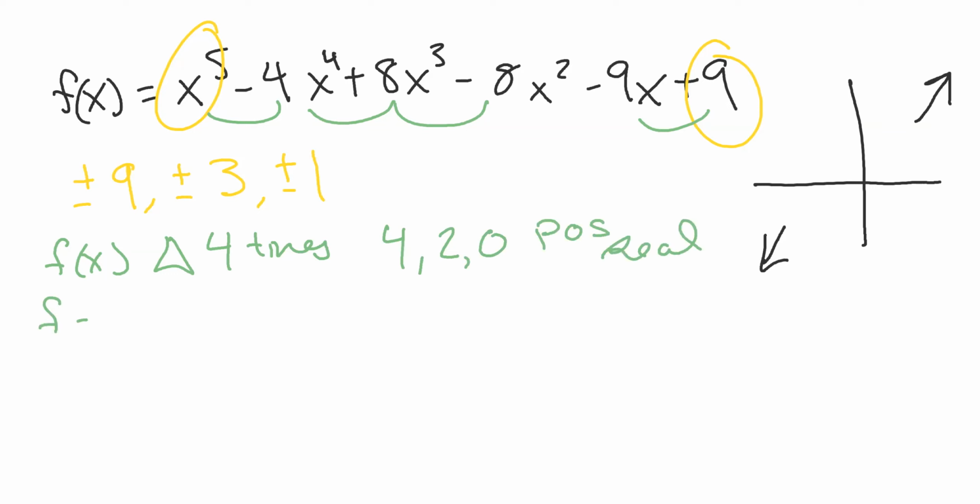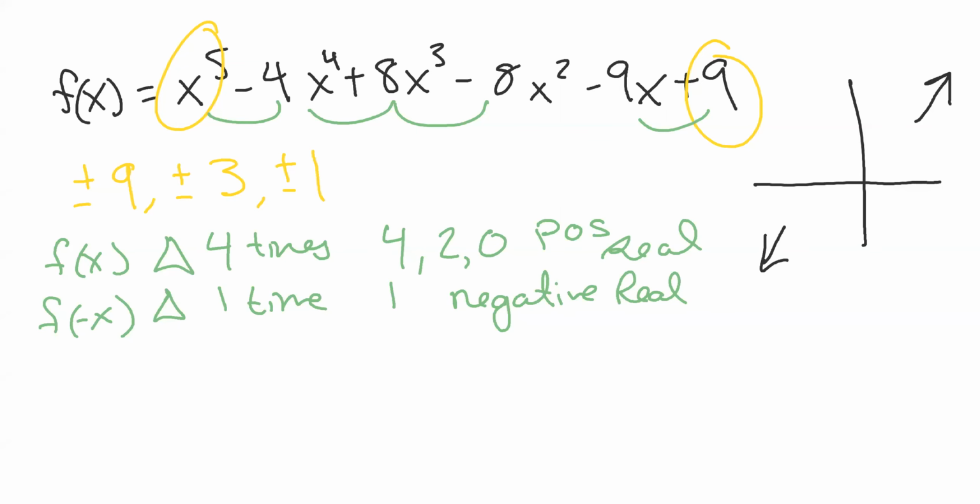And our f of negative x, you guys can do this on your own, but it changes sign 1 time. So we're going to have 1 negative real. So that's the information we have.